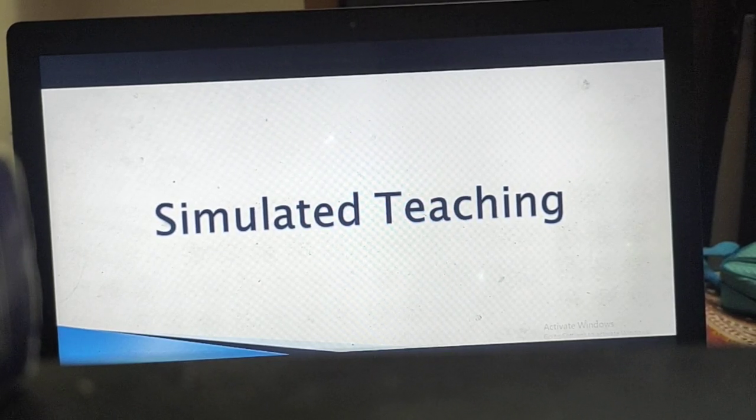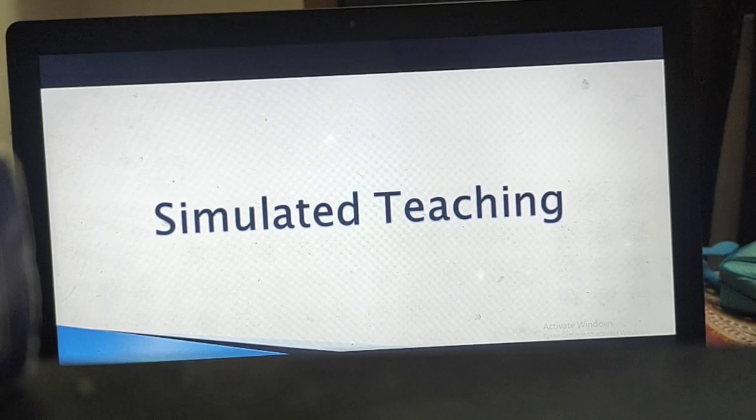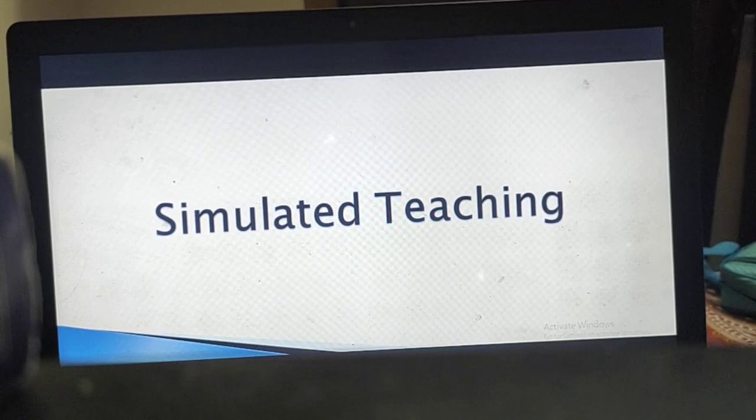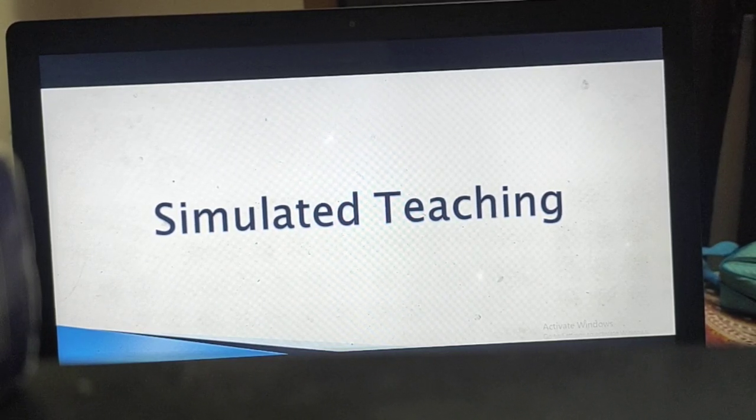There are several advantages or merits of micro-teaching: it develops the teaching skills, specifies the teacher competencies, is an individual teaching technique, and helps to get deeper knowledge regarding the art of teaching.